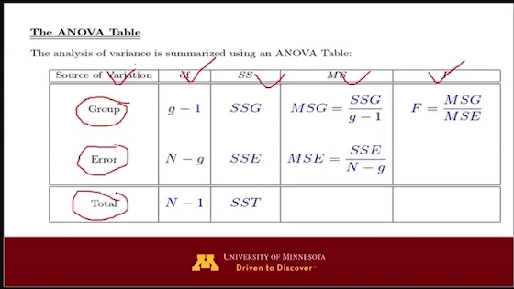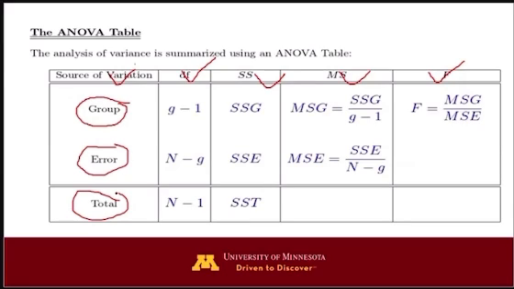Because analysis of variance enables us to measure variability between groups and within groups. Within group is the error. Between group is group. Then we have total.